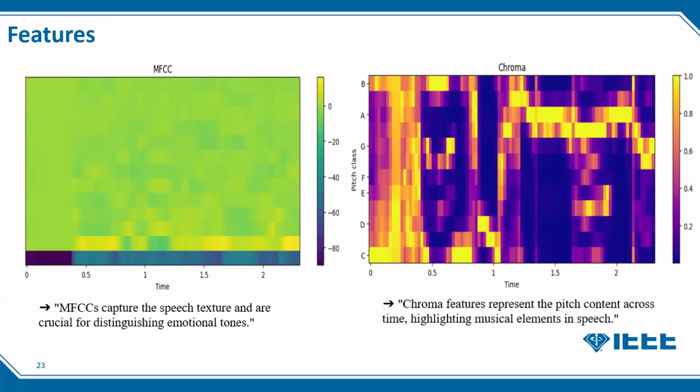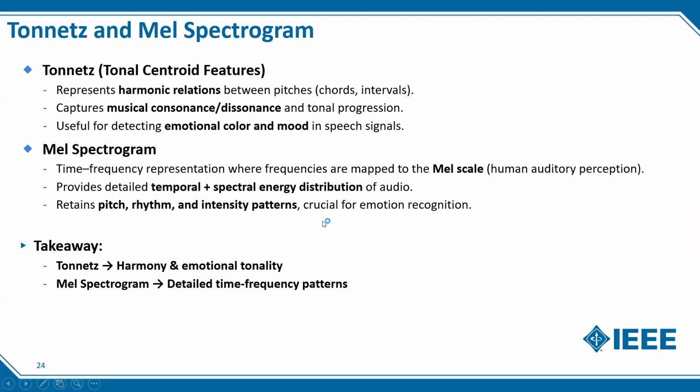And the second one is chroma features, representing the pitch content across time, highlighting the musical elements in speech. It maps audio into 12 pitch classes, capturing the harmony and melody of the particular speech sample.